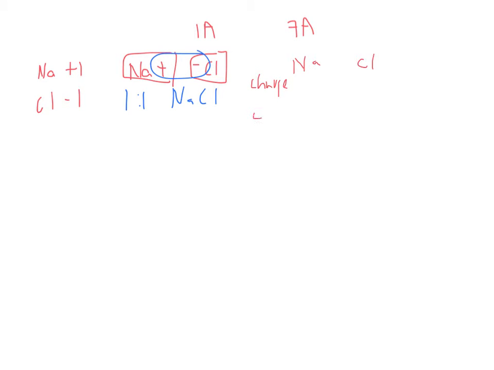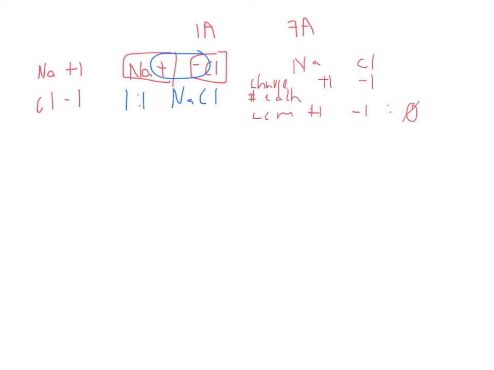Then I need to know my least common multiple, and from that, I need to determine the number of each needed. So my sodium, like we said, is likely to pick up a +1, chlorine a -1. The least common multiple of 1 and 1 is just 1. So +1 and -1 will give me a charge of 0 overall.